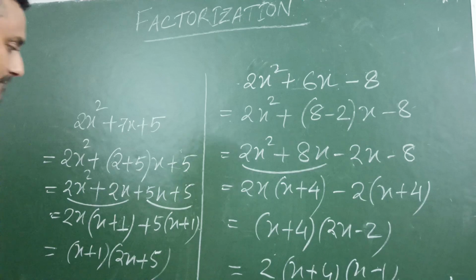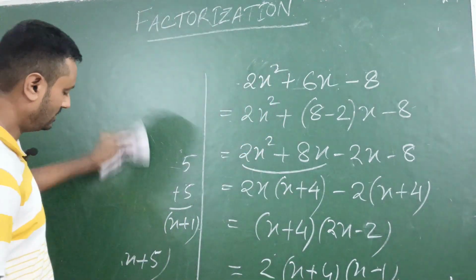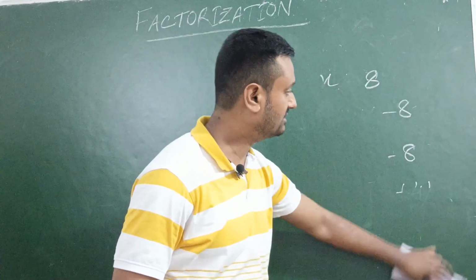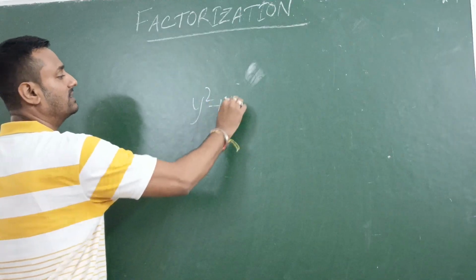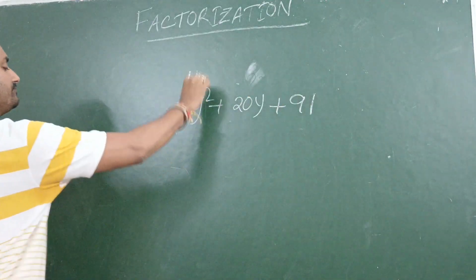Okay. So my dear students, I hope all of you understand this middle term splitting is a very, very important part of algebra. So I'm giving a few homework questions. If you understand, you can solve these questions and message me on my channel. One is y square plus 20y plus 91. You solve this one.